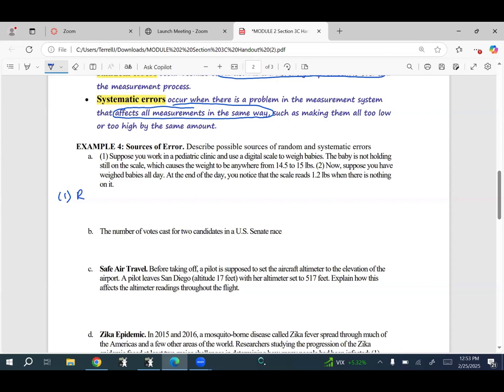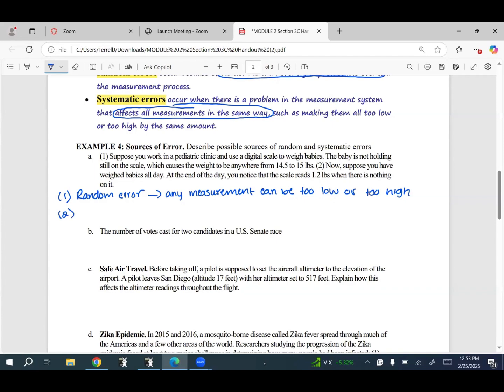So number 1 is a random error. I'll put here any measurement can be too low or too high. It's not all, right? It's just random.